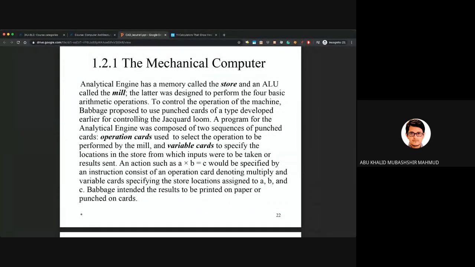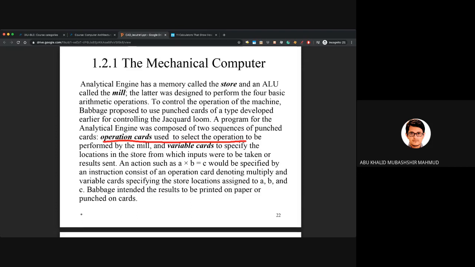So the program for the analytical engine was composed of two sequences of punch cards: operation cards to select the operation to be performed by the mill, and variable cards to specify the locations in the store from which inputs were to be taken or results sent. Operation cards are used to hold the operations that we need to perform.